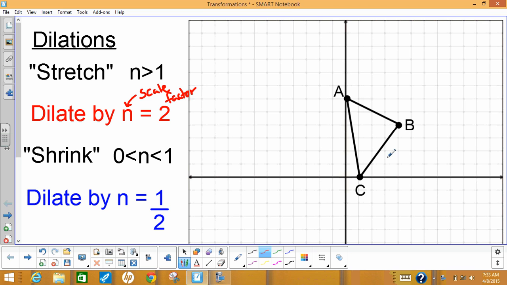And if you notice, I moved the triangle to the left a little bit from our original position, so let's get the new coordinates here. C is 1, 0. B is 4, 4. And A is 0, 6.